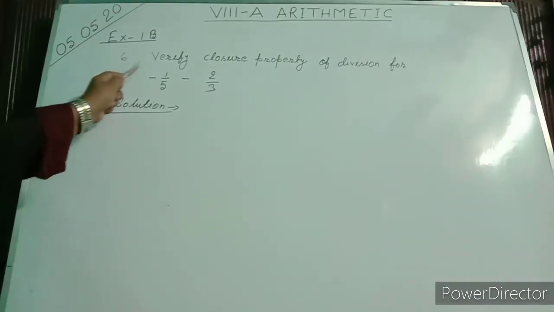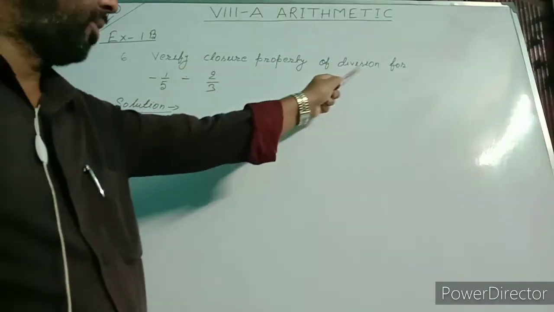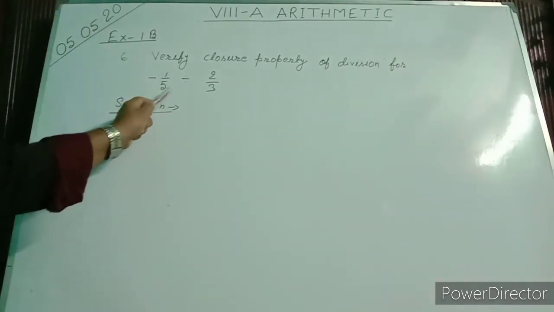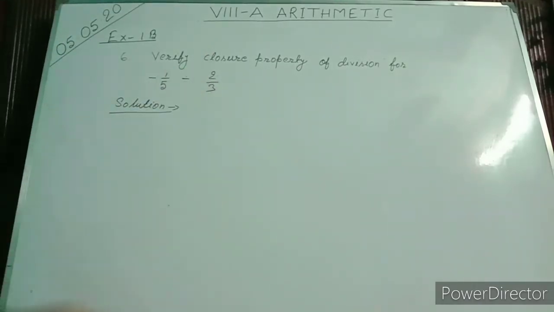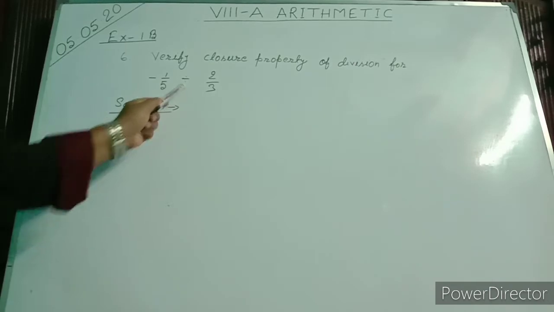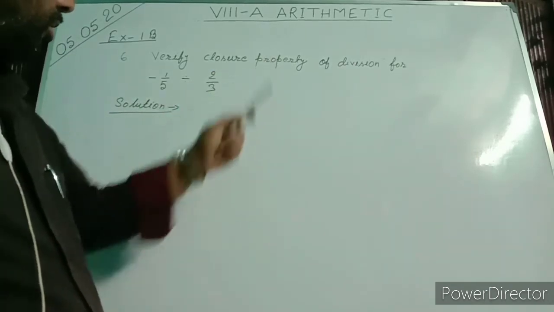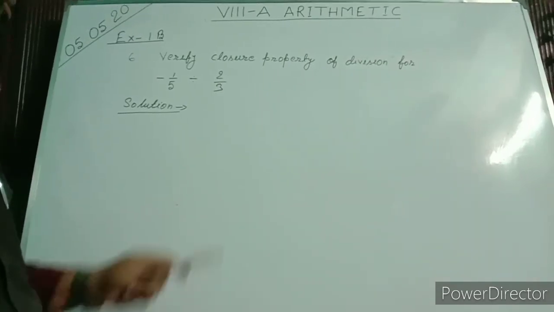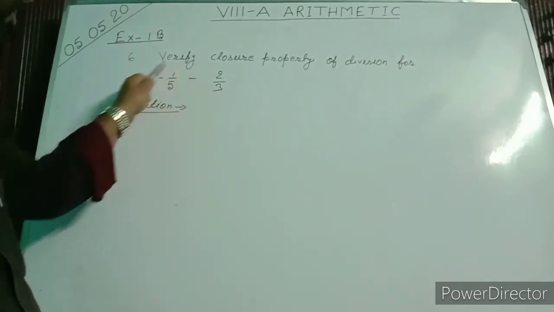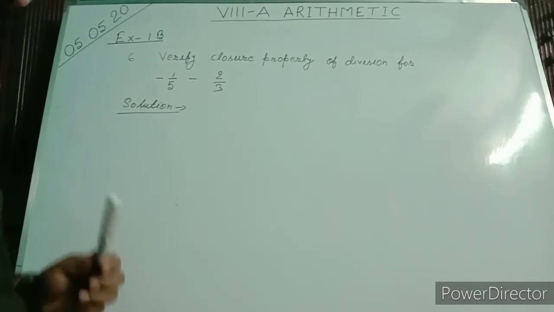Question number 6. Verify closure property of division for minus 1 by 5 divided by 2 by 3. This is the symbol of division. In this case, closure property will be satisfied if this division gives you a rational number. Let us try that.